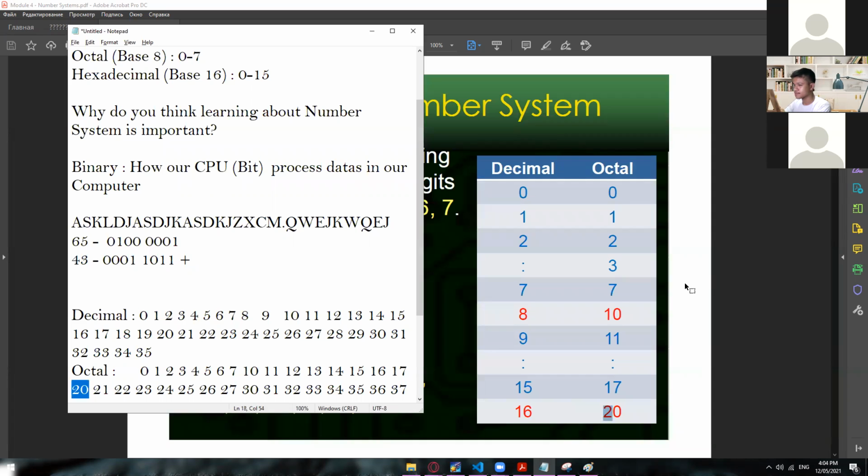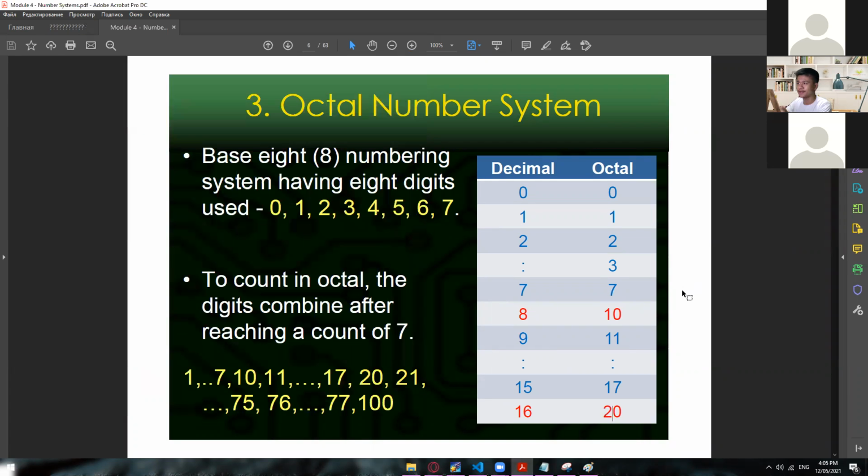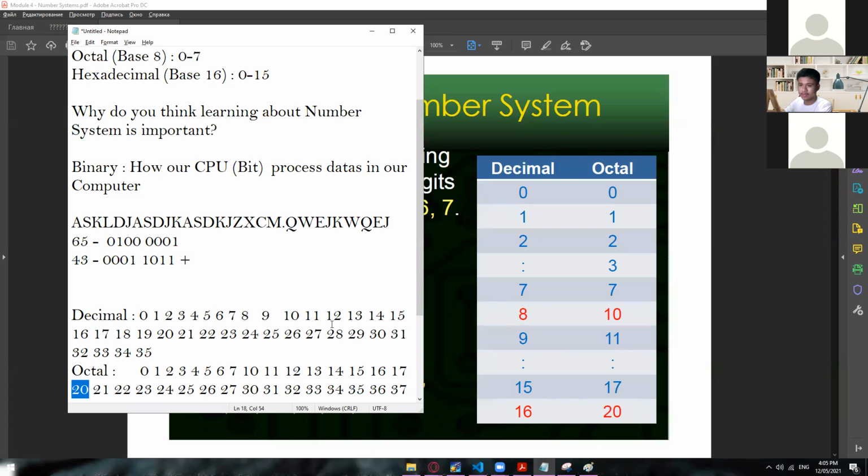All right, so don't you guys worry. Maybe ranging from 1 to 30 of decimal is already enough to get the correct answer in your quizzes and activities. You won't reach up to 40 or 50, so maybe up to 20 or 30 only.